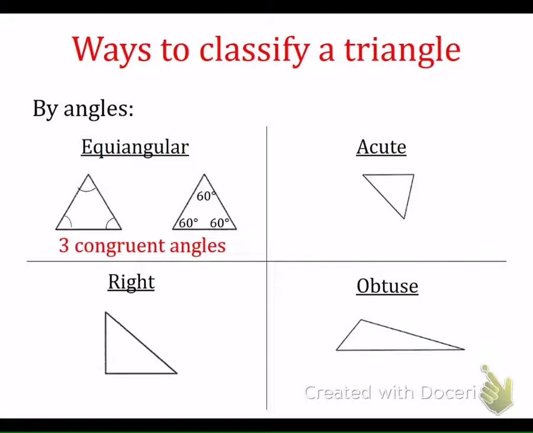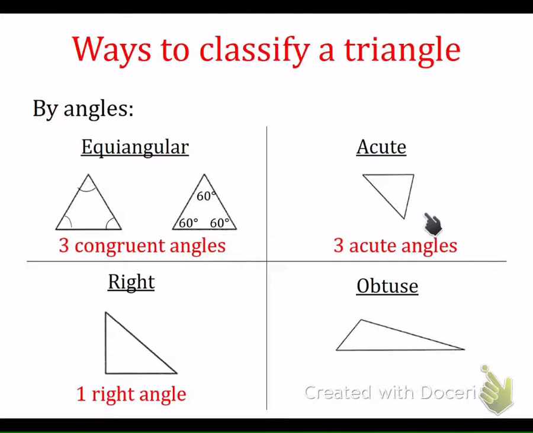Like you can't have a triangle where they're all 50 degrees or something. 60 is the magic number. And you'll learn more about why that's the case as we go on with triangles. But just for now, know that they can be marked congruent or they can all be marked 60. That's equiangular. If they're all marked acute, it's an acute triangle.